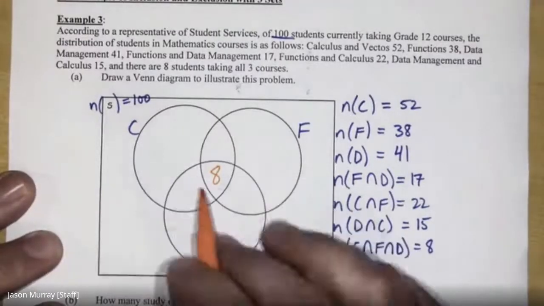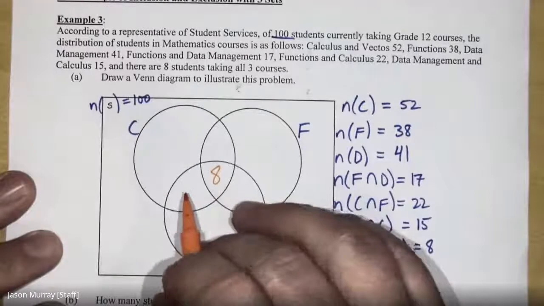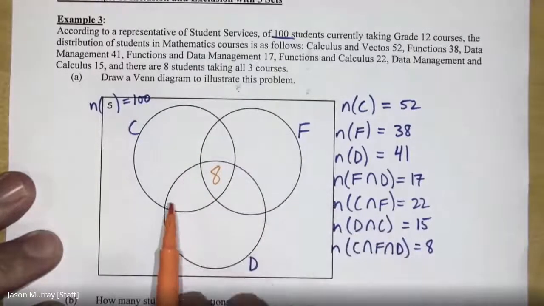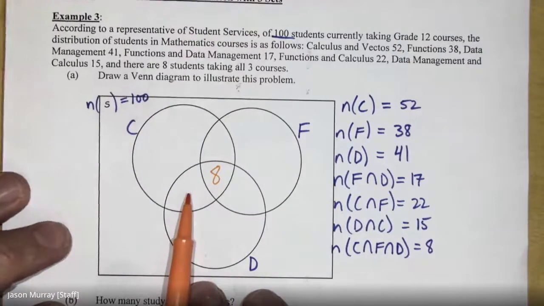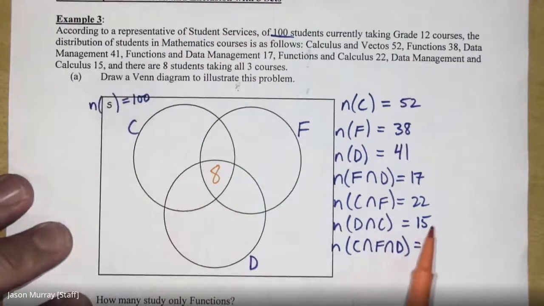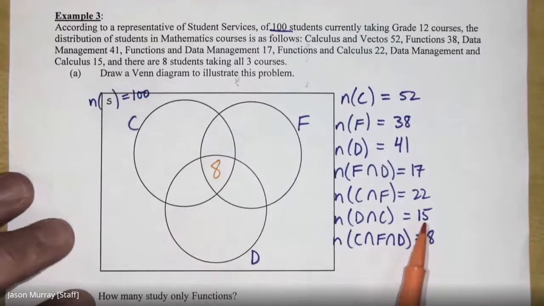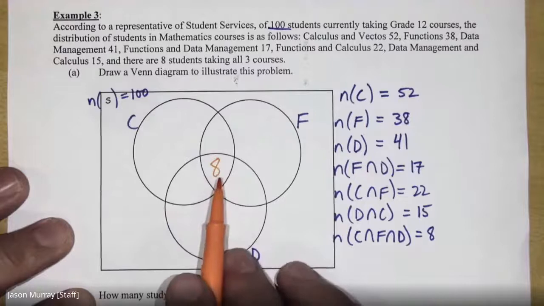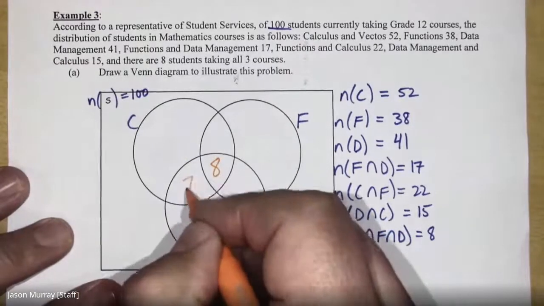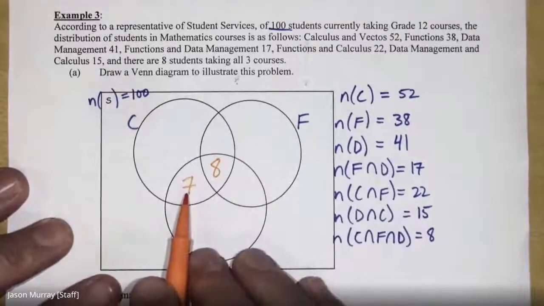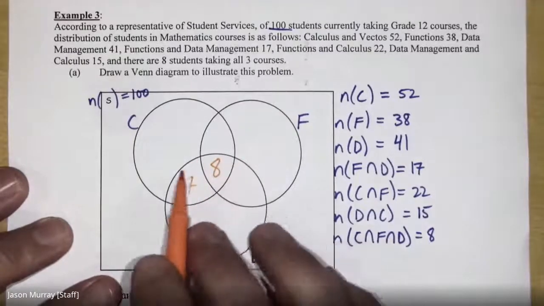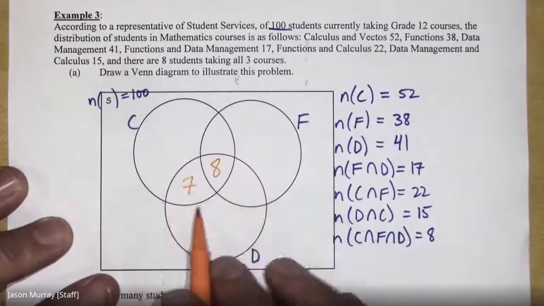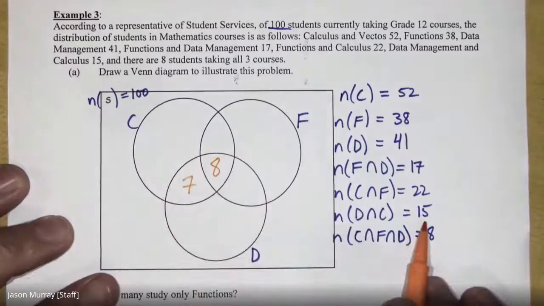Good. These are all representing the intersection between 2 sets, 2 circles. If this is all of the students taking calculus and data, there's 15 students, so we need to have 15 students accounted for here. We already have 8 accounted for, so we need 7 more. 7 plus 8 adds up to our 15 total.